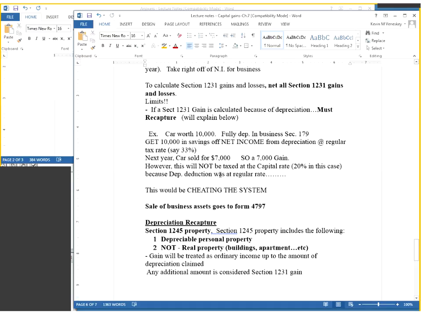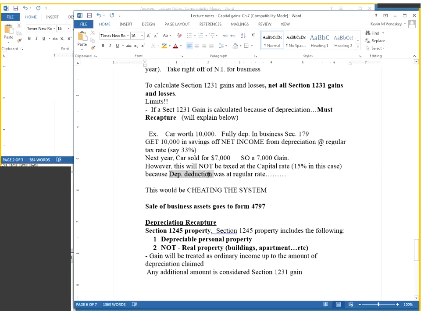Now, it would be cheating the system, essentially, if you were to take the $7,000 at only the capital gain rate, or in this case, the Section 1231 rate, at 15%.